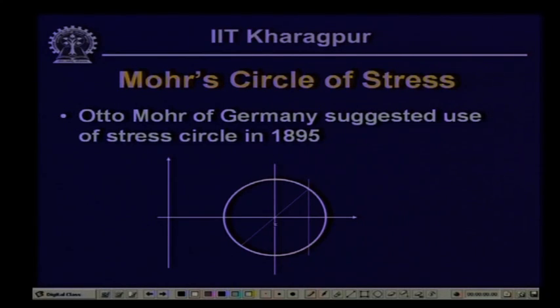So, as we have seen, the center of this particular circle is at a distance from the origin. If we consider the sigma axis and the tau axis, then this is at a distance of (sigma x plus sigma y)/2, the average stress.